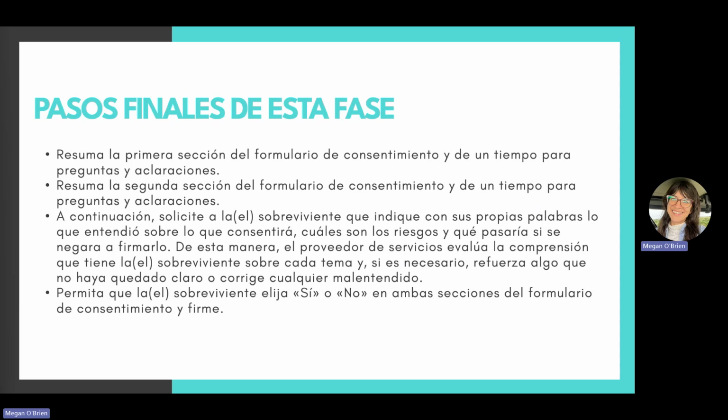Then ask the survivor to repeat back in their own words what they think they're agreeing to, what the risks might be, and what would happen if they refuse. This will allow the service provider to assess the survivor's understanding of each issue, and if necessary, reinforce anything that was not clearly understood and correct any misunderstanding. Let the survivor choose yes or no for both sections of the consent form and sign.